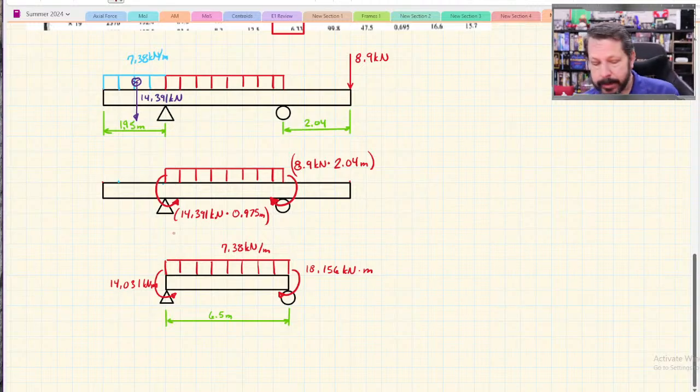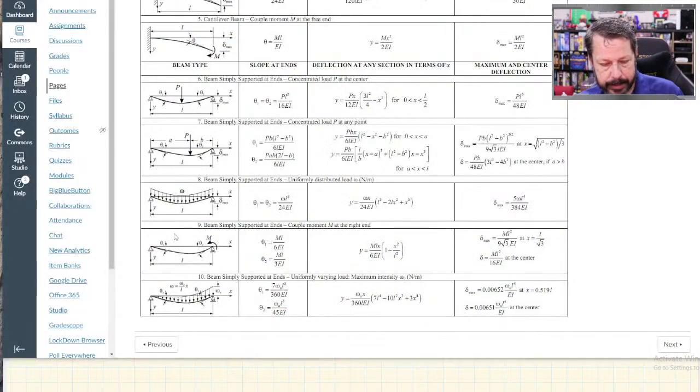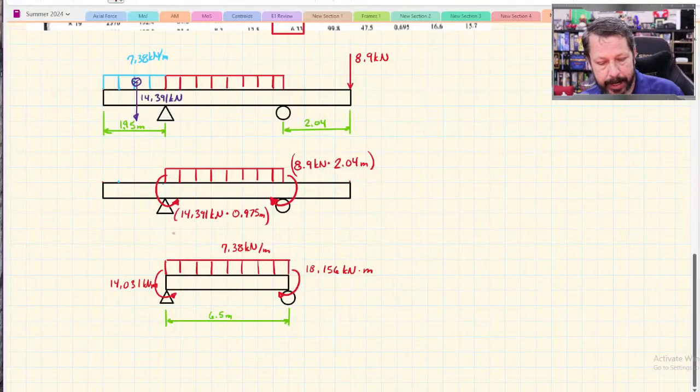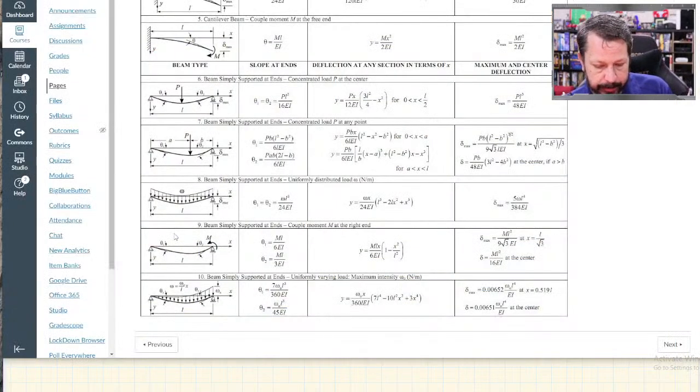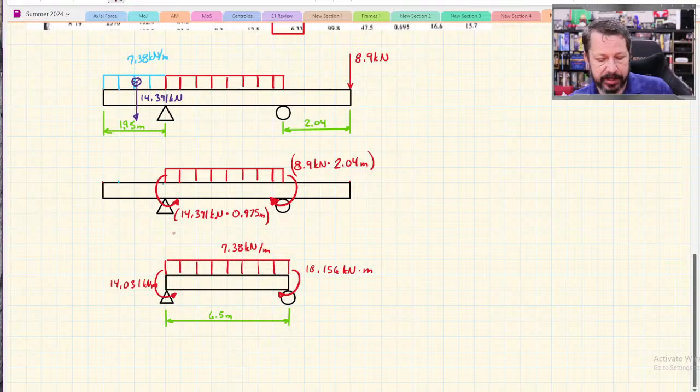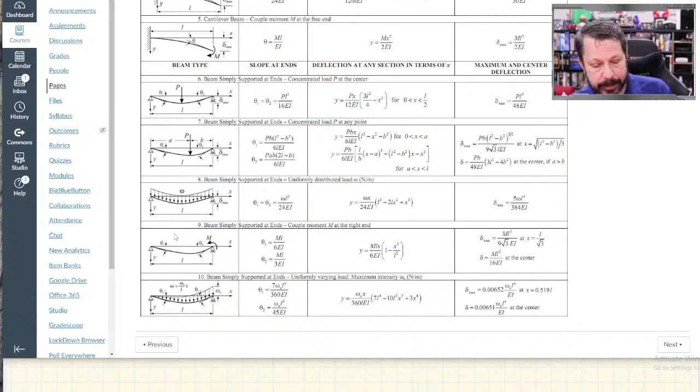I don't have a chart that has all of those on it, but I have one where there's a simply supported beam with a distributed load, which is case 8, and then a simply supported beam with a concentrated moment on 2 different ends, which is 2 applications of case number 9.